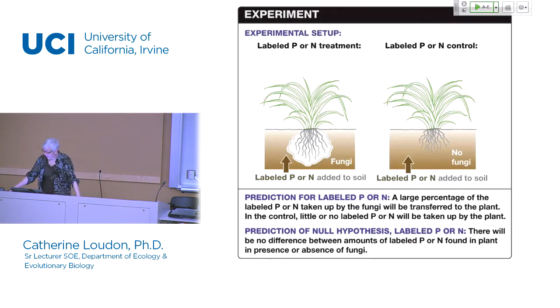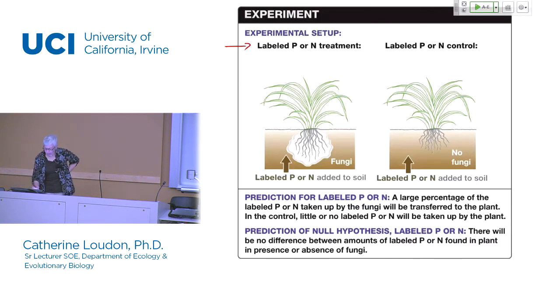And so now labeled compounds are still being used, but now they're mineral, inorganic nutrients instead of organic compounds. So now the chemical element that's being labeled radioactively is either phosphorus or nitrogen.